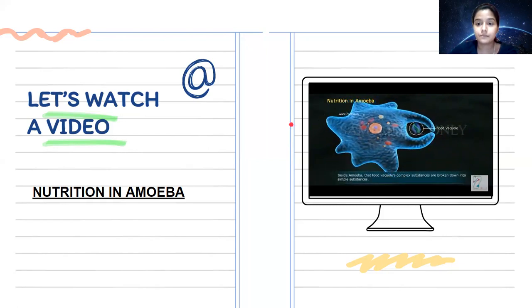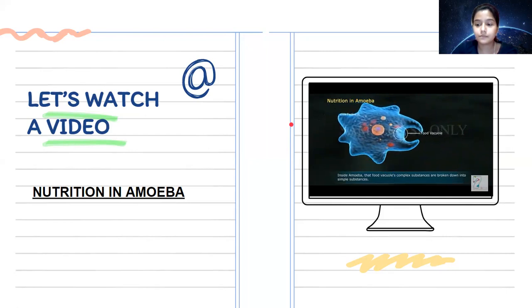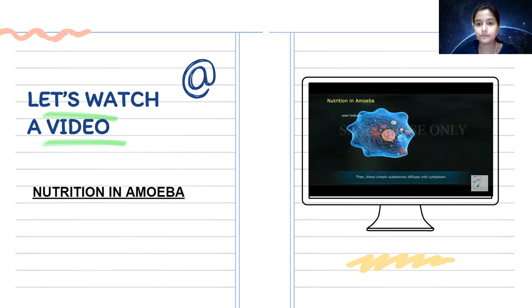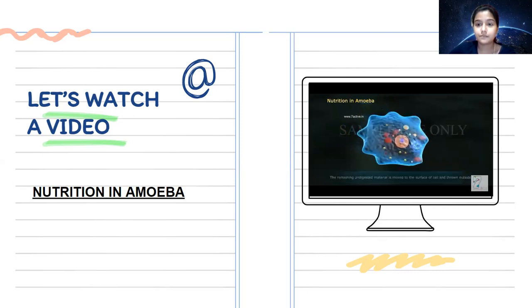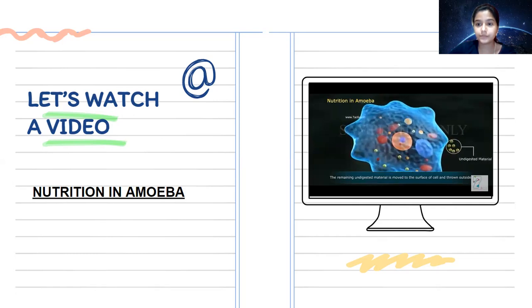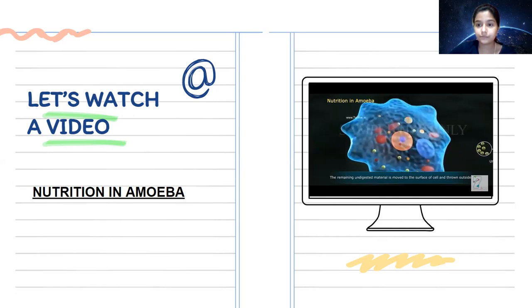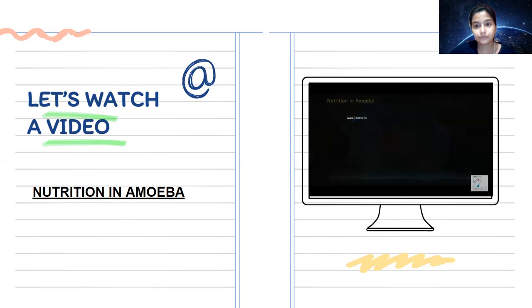Inside the amoeba, in that food vacuole, complex substances are broken down into simple substances. Then these simple substances diffuse into the cytoplasm. The remaining undigested material is moved to the surface of the cell and thrown outside.